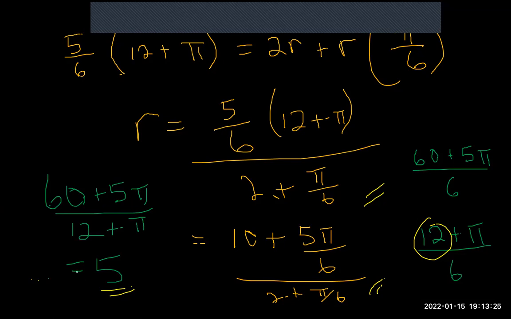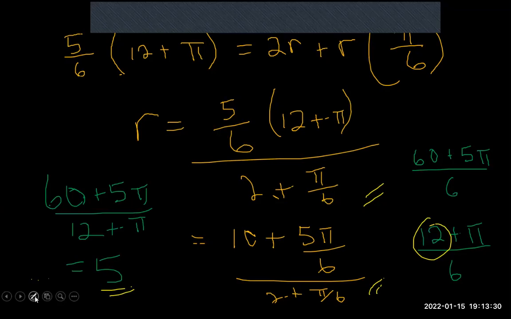I plugged the third one in, the one above equals 5, and I got 5 as well. In degrees or radians? Radians, 3.14.